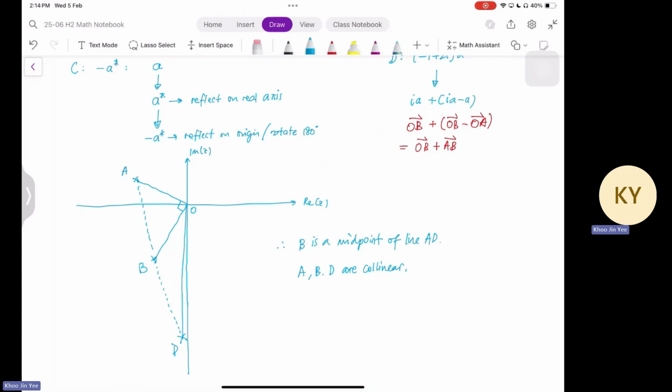If you want to be much more fancy, A and D lie on the circle with center B, or maybe AD is a diameter of the circle with center B. No need, just either one. More options are for you.